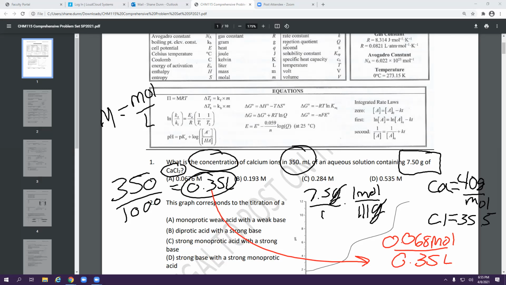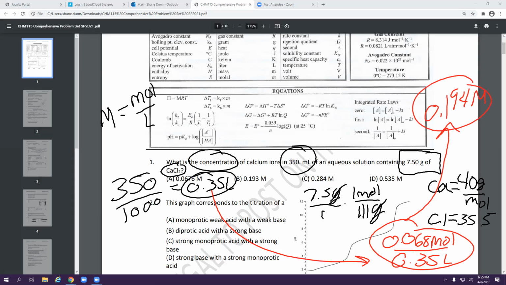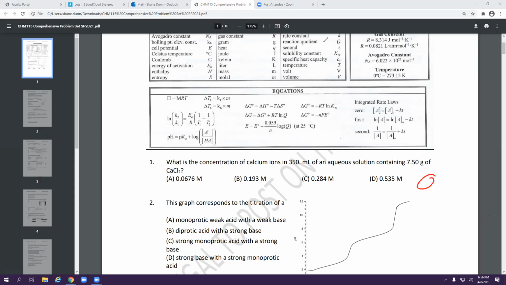What is my concentration? What is the answer to this, guys? 0.194 molar. Okay, we're going to remember that number. I'm going to clear my drawings. 0.194. Okay, that is the concentration for calcium chloride, or dichloride.